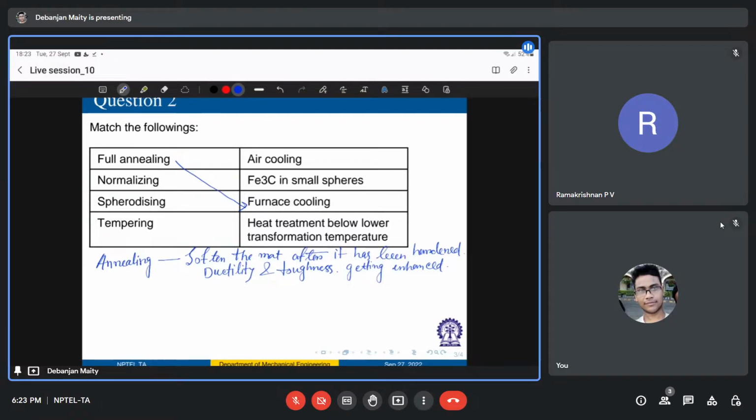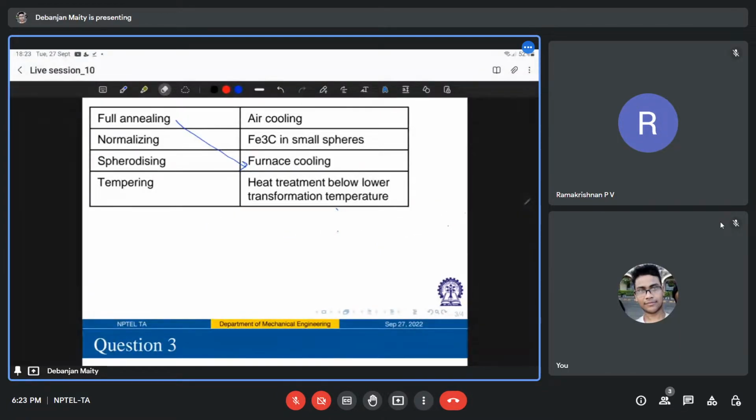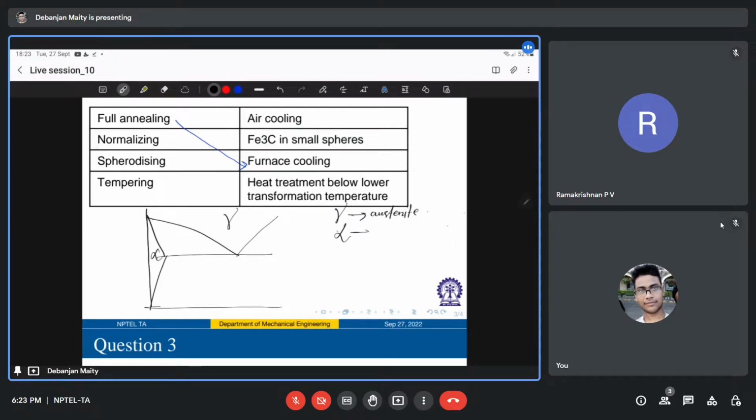Now, if we try to find out what happens in terms of temperature, if we see the eutectoid portion of the steel, so this is gamma, alpha is your ferrite structure.